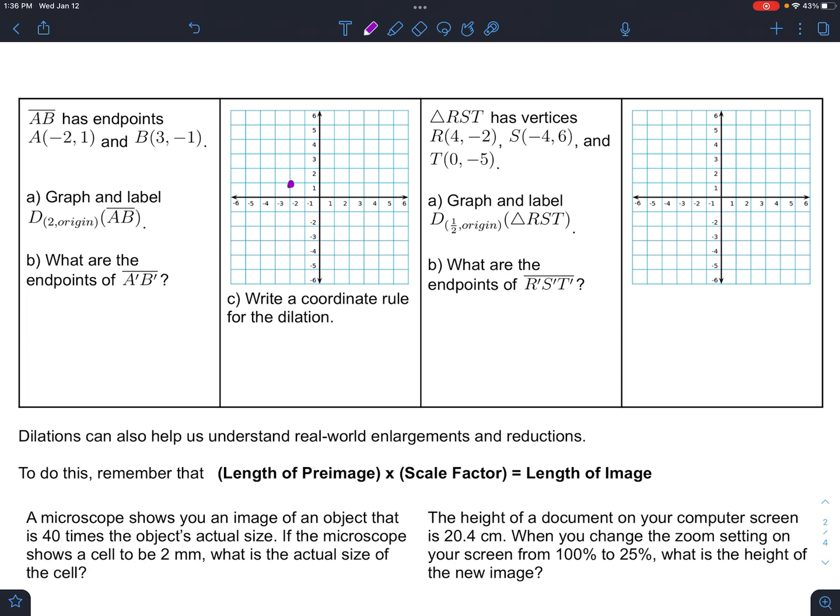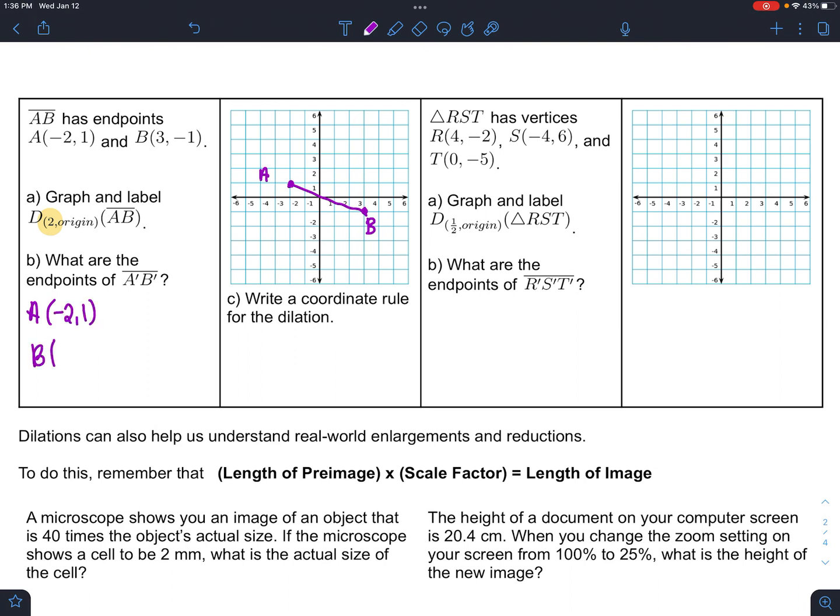You can go ahead and plot AB. And it says perform a dilation with a scale factor of 2 around the origin.